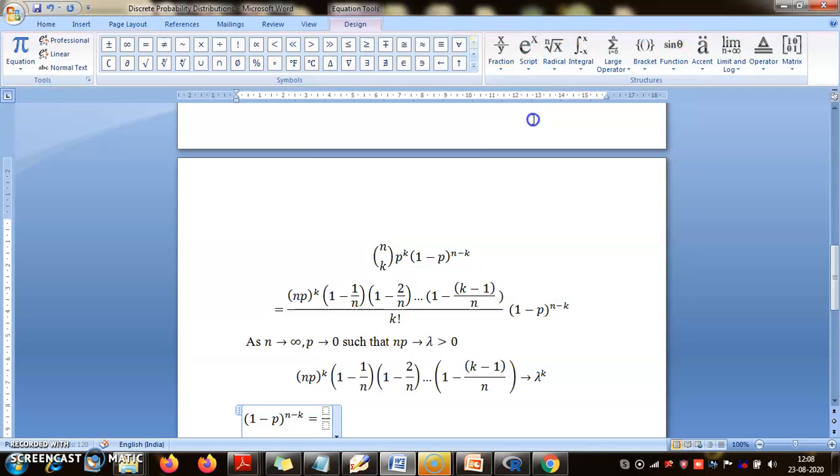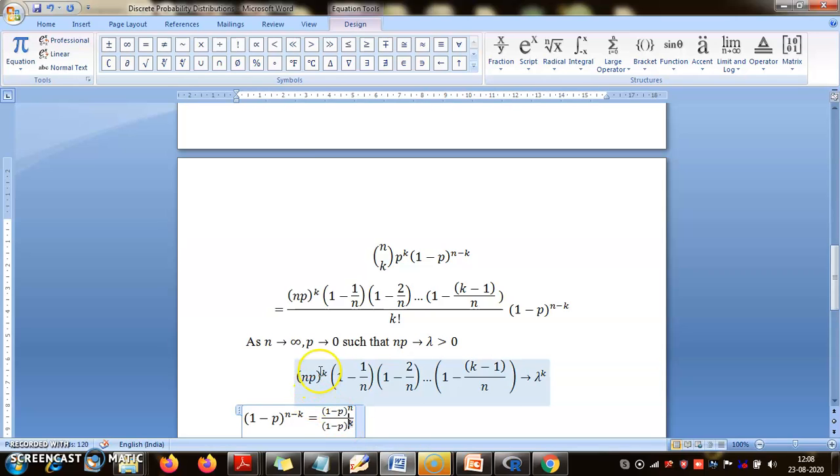This is equal to what? This is 1 minus, raised to the power, here it would be only n, and then in the denominator this would be, paste, 1 minus this is simple, right, raised to the power k.